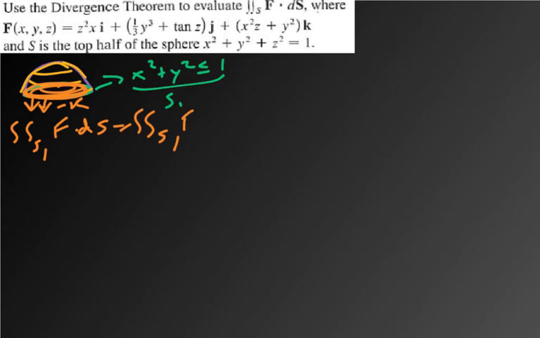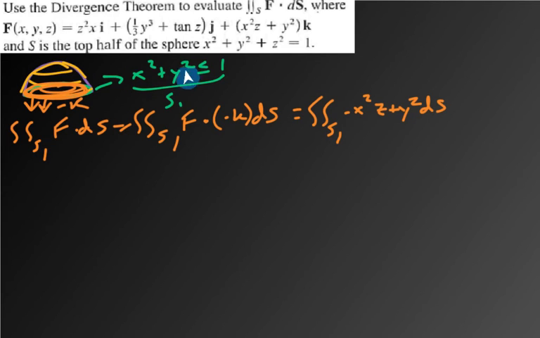So for my surface integral I'm just going to dot F with minus k, and you basically just get the negative of this term in here. So you get the integral over S1 of negative x squared z plus y squared dS. But this is all at the plane z equals 0, so that whole term drops off.